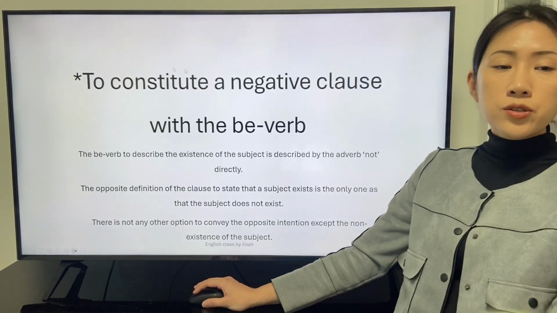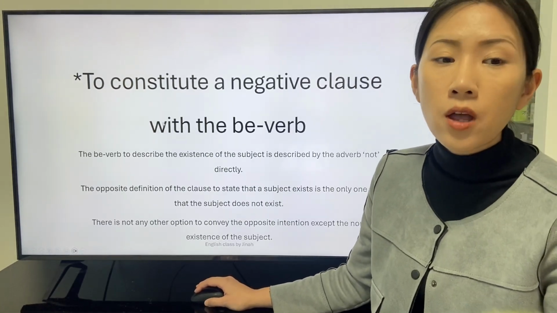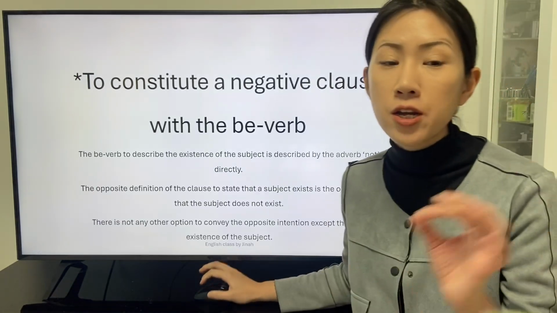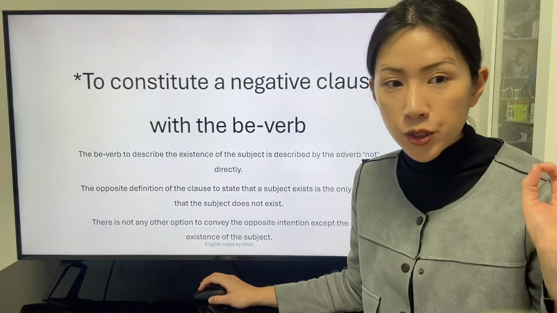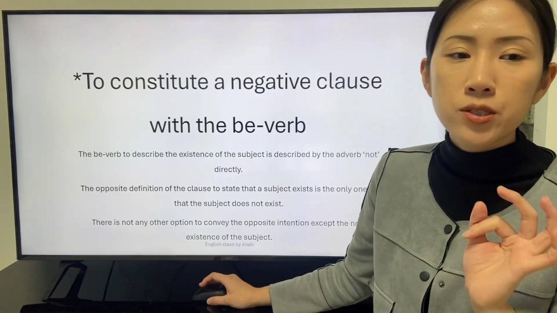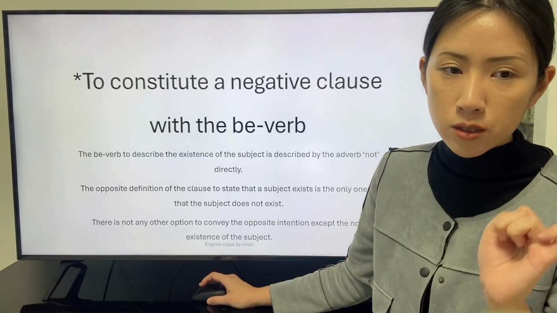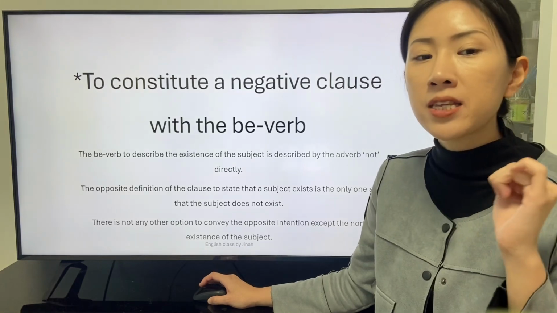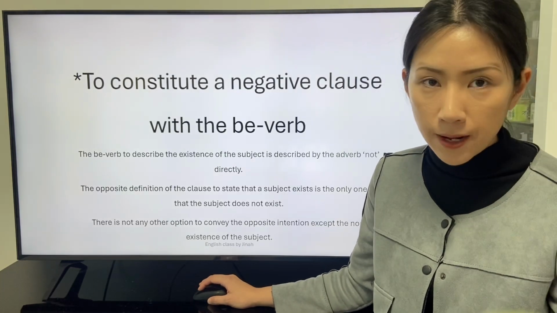To constitute a negative clause with the be-verb. Let's study about constituting a negative clause with the be-verb. The be-verb to describe the existence of the subject is described by the adverb not directly.